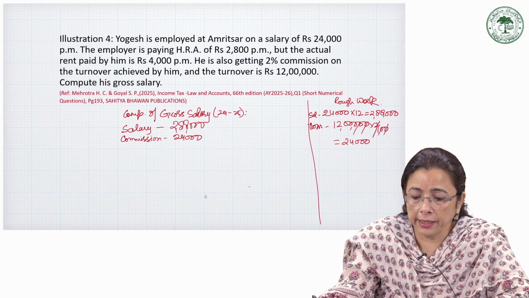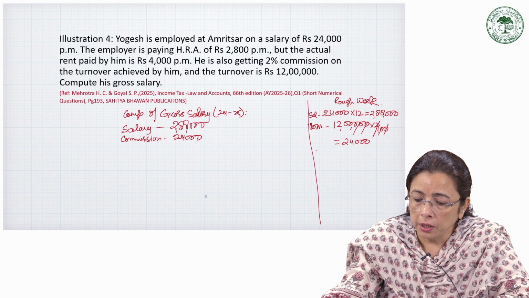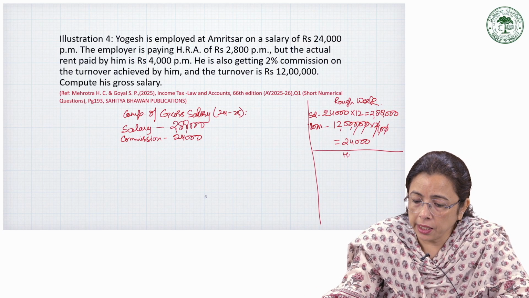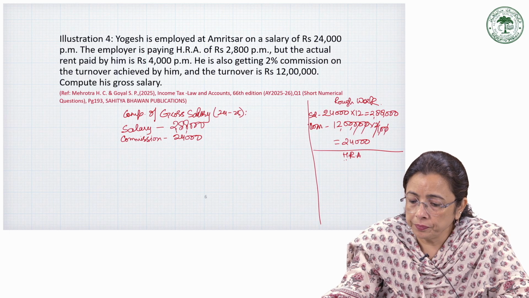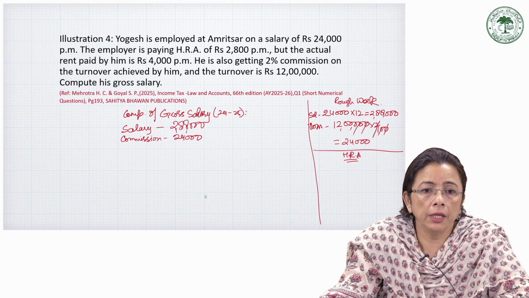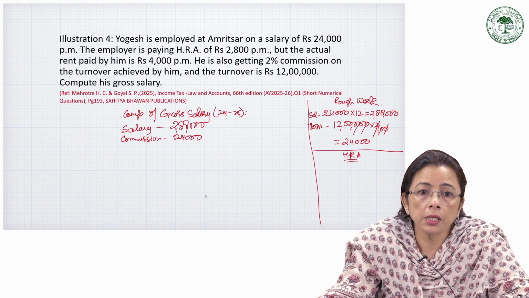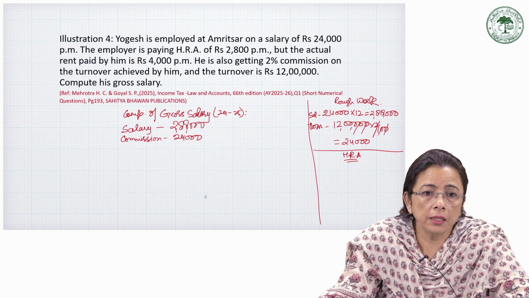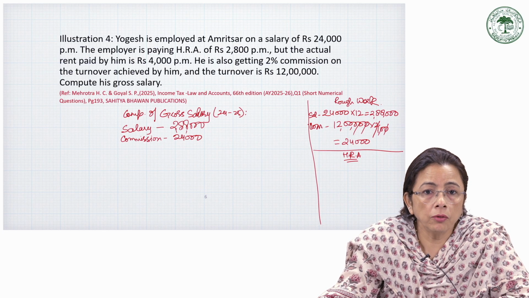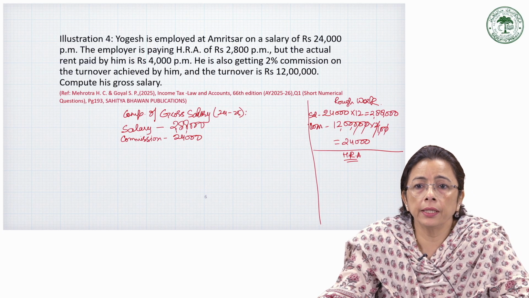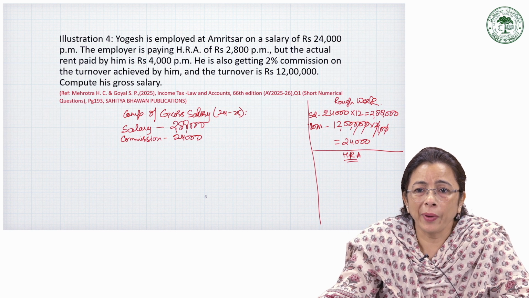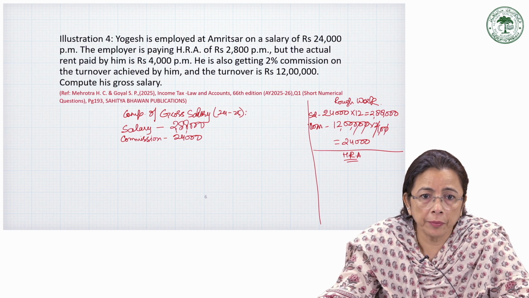For this again we will have to work out here. Maybe we can compute the HRA in this corner. Now here we have to compute three figures, out of which the least is considered. So what is the total amount that he receives for HRA? The employer is paying him rupees 2,800 per month.